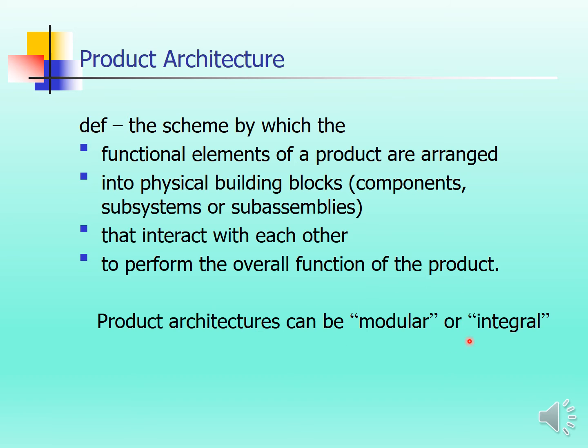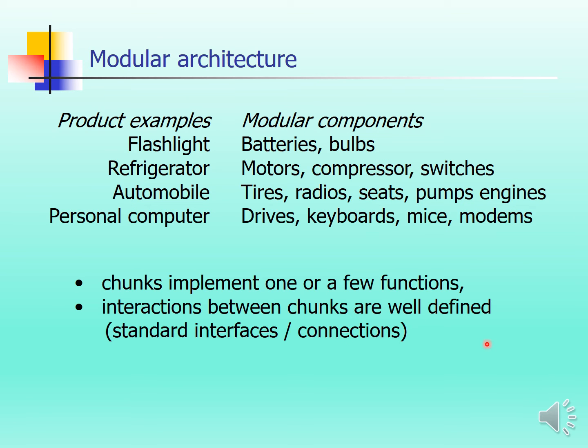A product can be modular or integral. For example, this is modular architecture. Here we have a flashlight. The modules, the module components, are the battery and bulb. For a refrigerator we have the motor, compressor and switch as modules. For an automobile we have tire, radial, seat, pump, engine and so on.